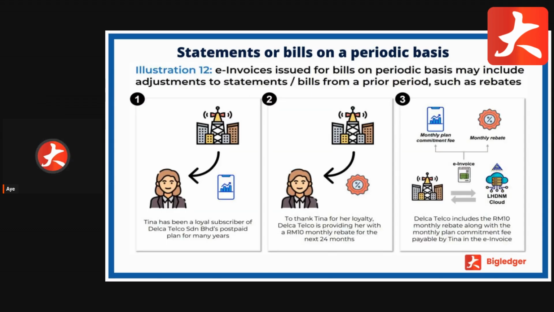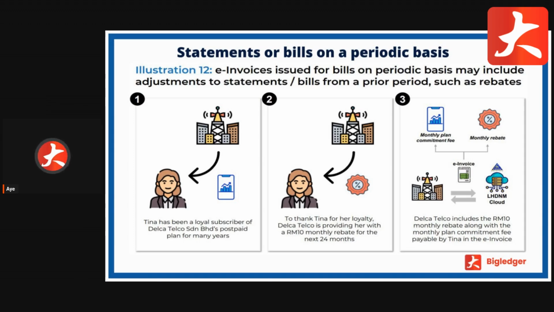Okay, here is another example. An e-invoice issued for bills on a periodic basis may include adjustments to statements from a prior period, such as rebates. In this example, Tina has been a loyal subscriber of Delta Telco on a postpaid plan for many years.